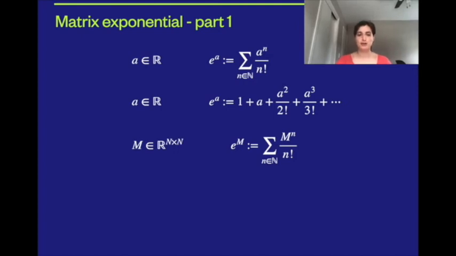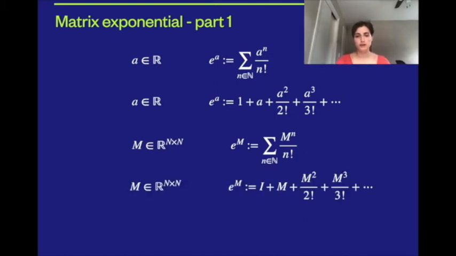And we're just going to straightforwardly claim that matrix exponentials are defined in the same way. So we take a matrix M, square matrix, real, and we're just going to claim that the exponential of the matrix M is formally the same sum, with M to the power n just being defined as the nth multiplication of M by itself. Because M is a square matrix, so are all its multiplications by itself.